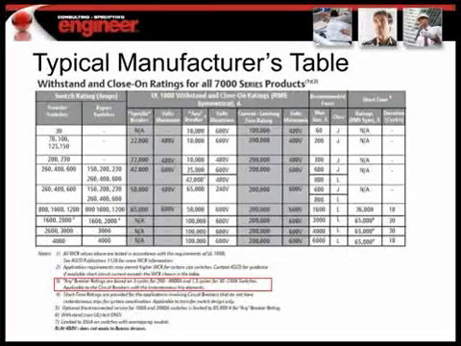So you need to be aware that some of the published information by manufacturers is only for withstand ratings and not withstand and close-in ratings. You just have to be sensitive to the information that's published in these tables.